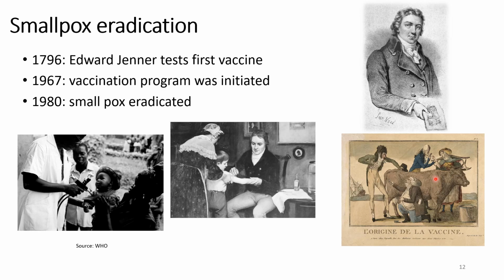Okay, this is a virus that's similar to the smallpox, but it affects cattle. He heard the dairy maid saying, "I shall never have smallpox, for I have had cowpox. I shall never have an ugly pockmarked face." There was a very strong stigma associated with these very bad lesions that occur in the face after smallpox infection.